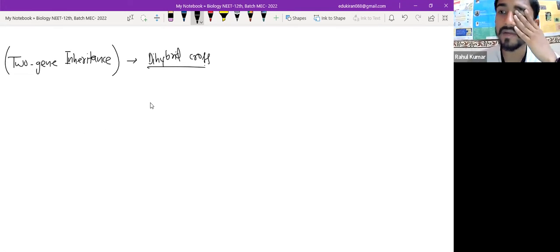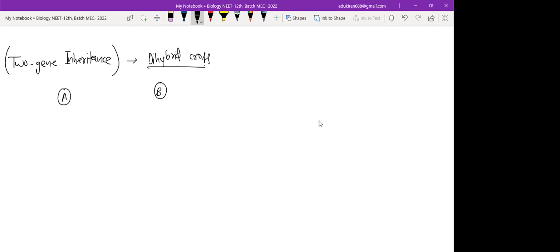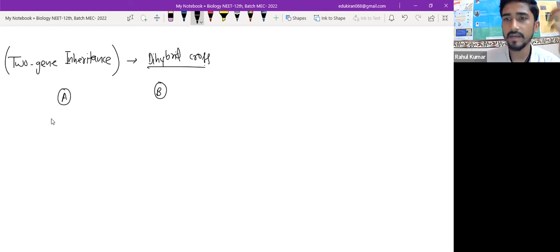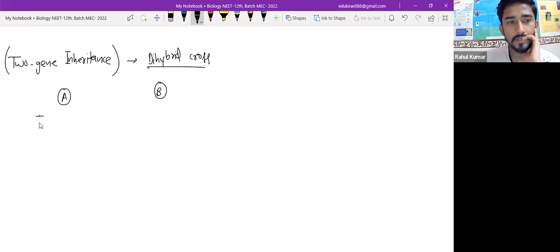Now two gene inheritance means, let's take any two genes. Tell me any two genes from the pea plant. There is a parent A and a parent B. Tell me any two genes that you want to study. Stem height and color of flower. Yes, so let's say stem height, which means tall, pure tall.